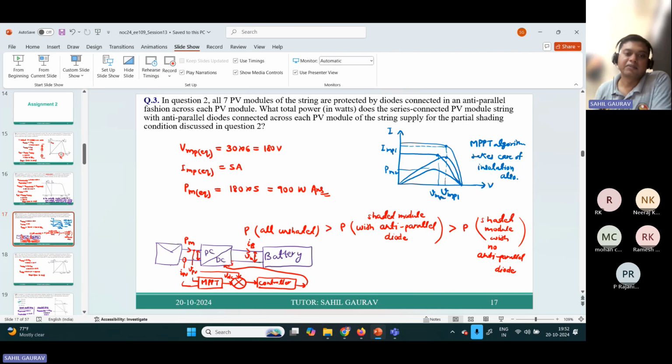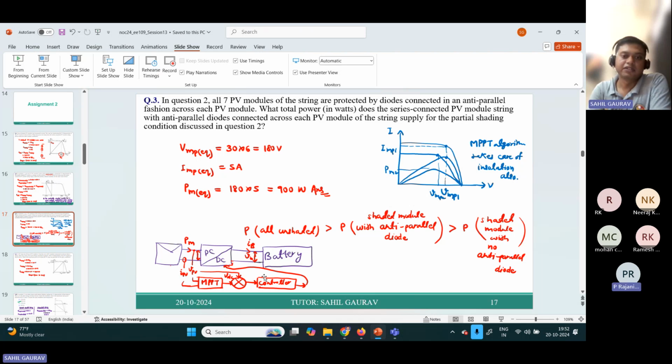Set the voltage level across the PV such that the maximum power can be extracted. The DC-DC converter decides what amount of power you want to extract, and the maximum limit is at this point, PM. You are getting it the incorrect way.